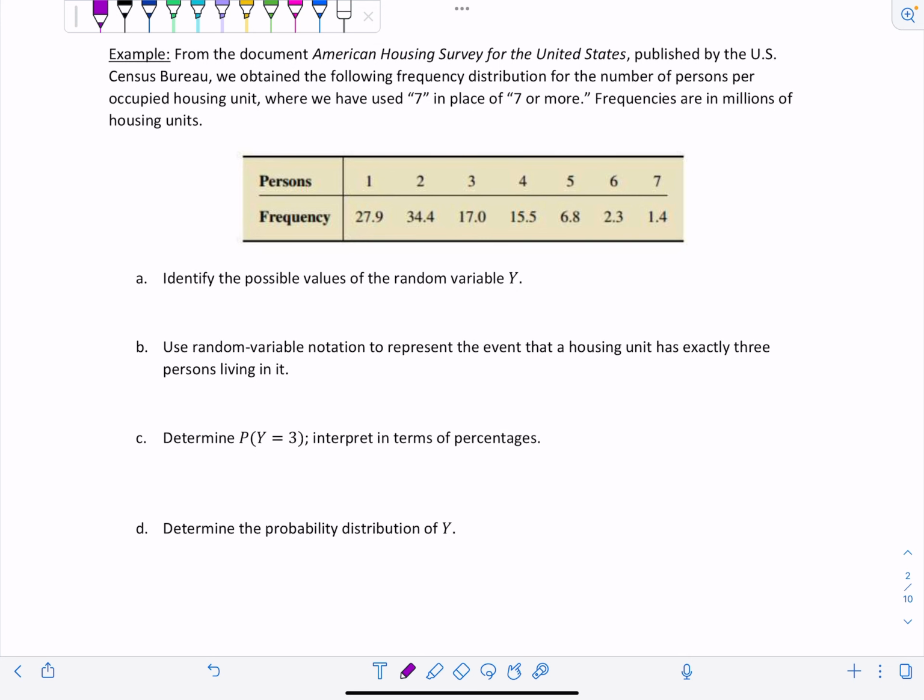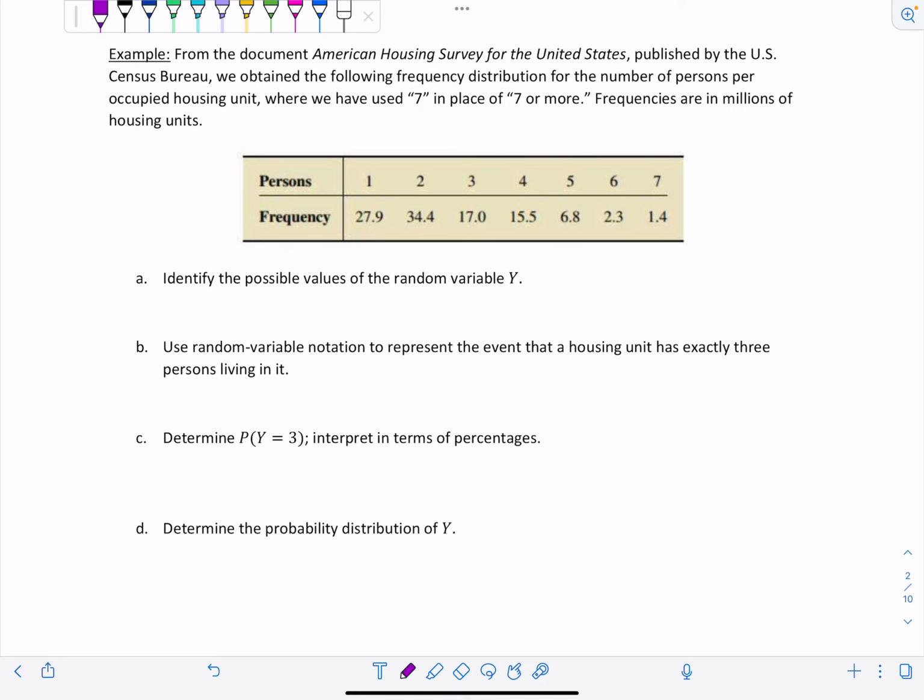First one, from the document American Housing Survey for the United States, published by the U.S. Census Bureau, we obtained the following frequency distribution for the number of persons per occupied housing unit, where we have used 7 in place of 7 or more. Okay.